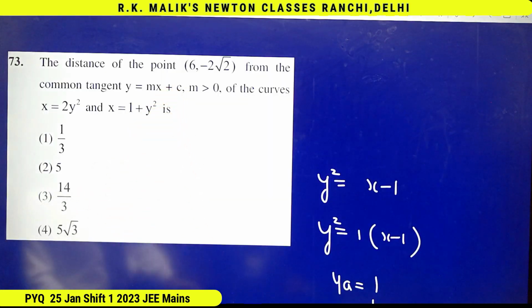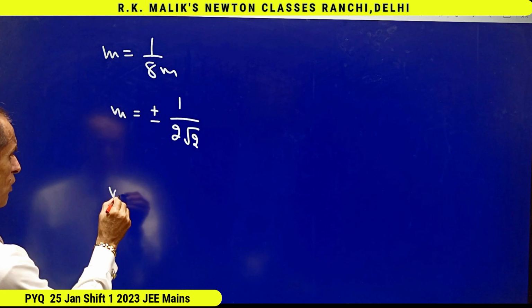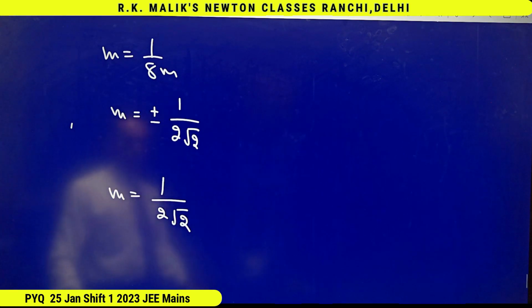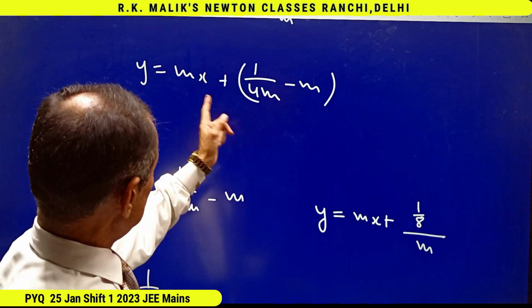But m is greater than 0 given to you, hence I will say the value of m is 1/(2√2).